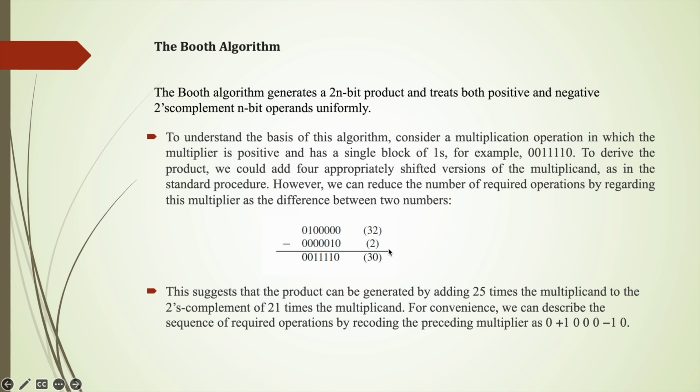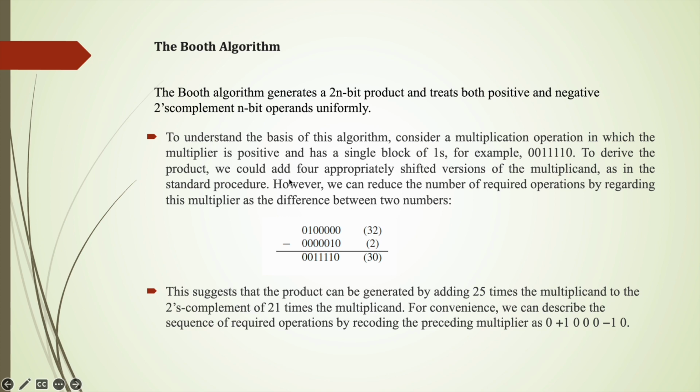So instead of adding the multiplicand 4 times, we do this. For the 32 value, we add the multiplicand only once. For the second term also, we use the multiplicand only once.